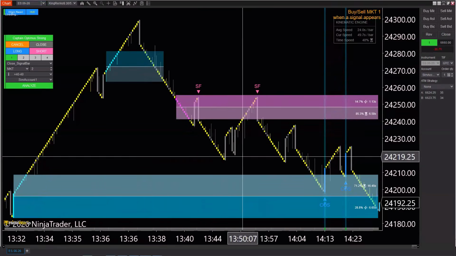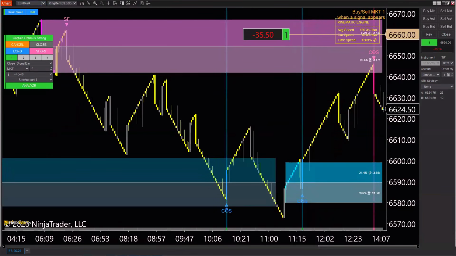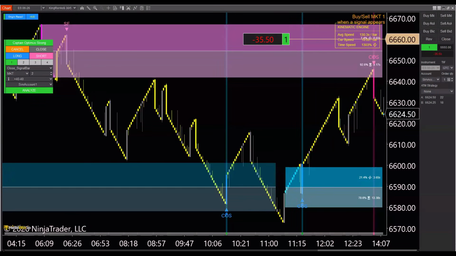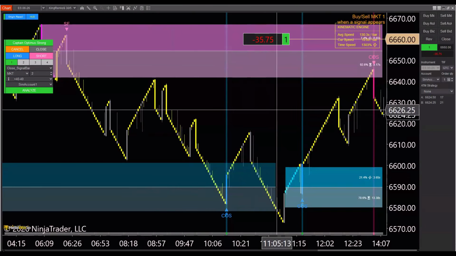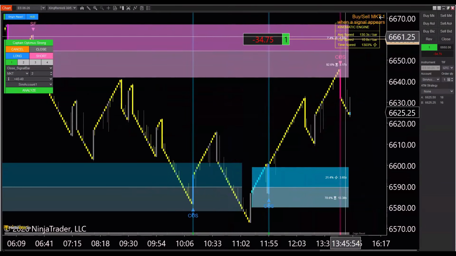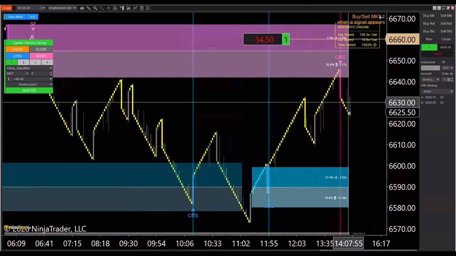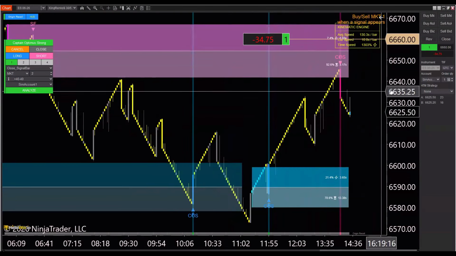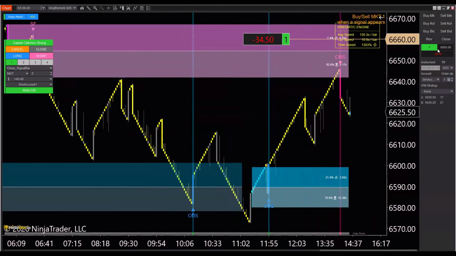So again, maybe 36 is a bit much for the S&P, but this is the S&P. But obviously, this is from a different time. This trade did not happen here, right? Let me just maybe close.